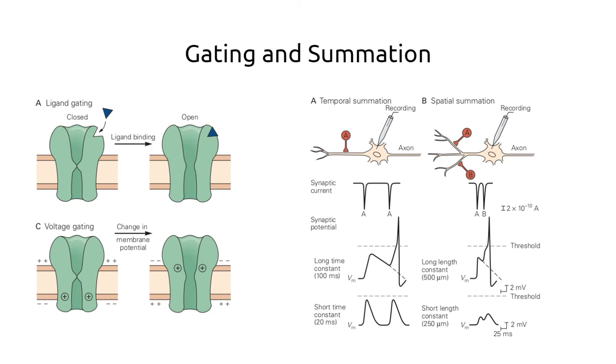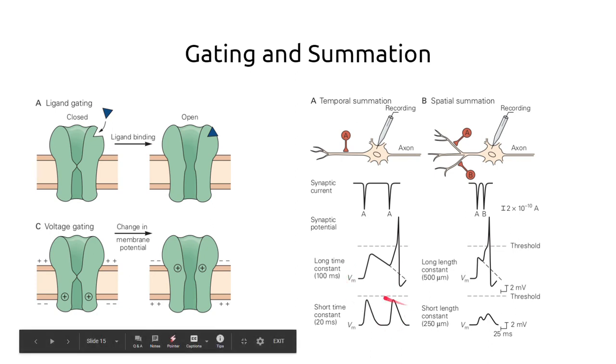So let's do an interesting example of this. Here's an individual neuron, and I'm just going to manually stimulate this spot on the neuron, or manually give a pulse of neurotransmitter and see what happens. Okay, and let's look at this bottom example first.